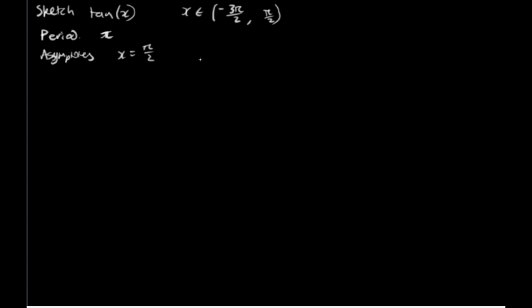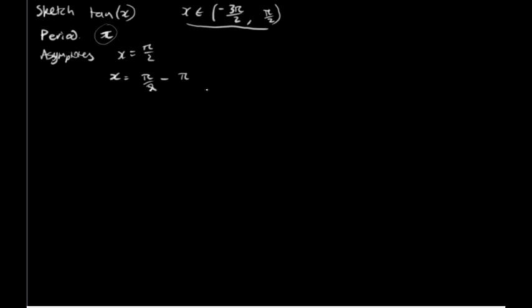And because they are a whole period apart, we can find what our asymptotes are for our domain. So pi on 2 is our first asymptote. Let's go backwards, because that's our endpoint at the moment. So our other one is going to be pi on 2, and we're taking one period backwards, so take pi.